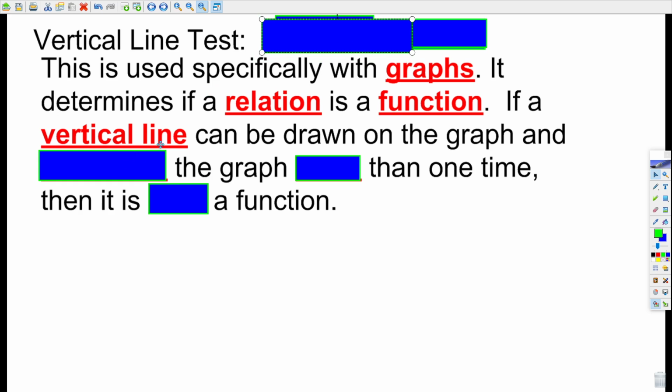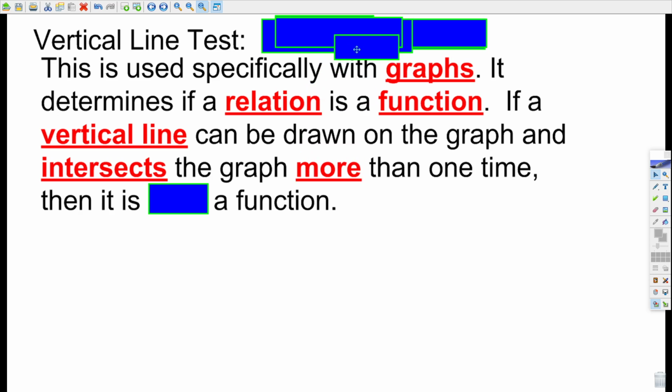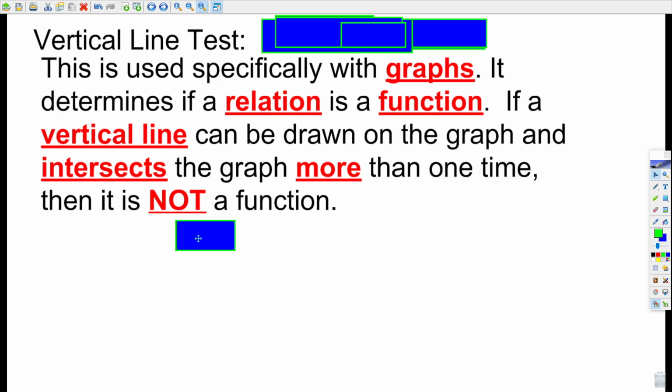If a vertical line can be drawn on the graph and it intersects the graph more than one time, then it is not a function. Some people like to use their pen and kind of go across the paper, and if it intersects more than once, then it's not a function at any point in time. I usually practice this by just drawing vertical lines on it to see if it crosses at all. So that's actually a very easy way to test if graphs are functions.